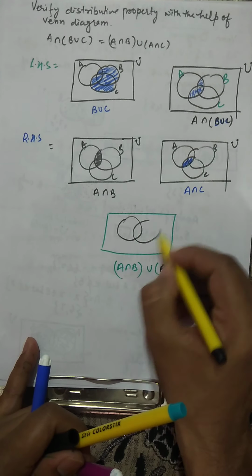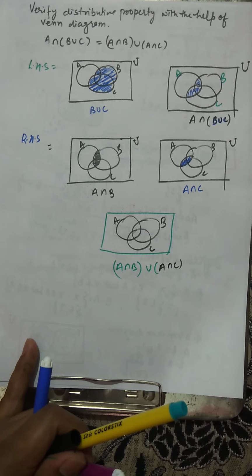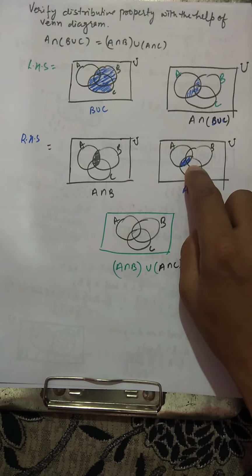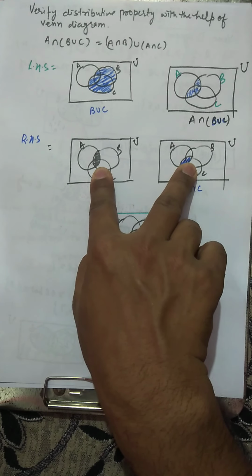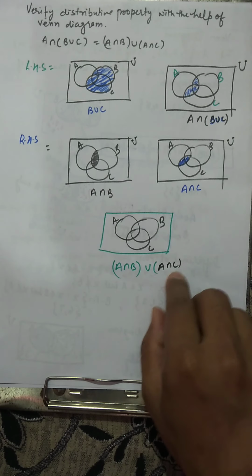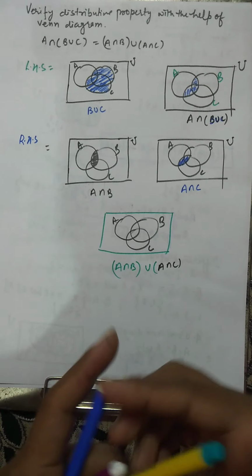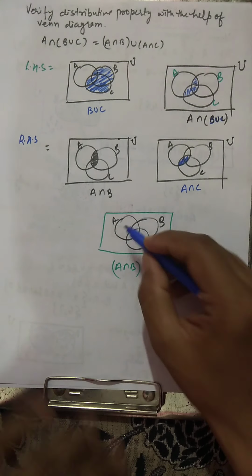This is the Venn diagram. This is A, this is B, this is C. So now you decide, if you add this area and if you add this area, then what will be the union of these two? Means you will add this area and you will add this area. So I'm going to represent this with this color.